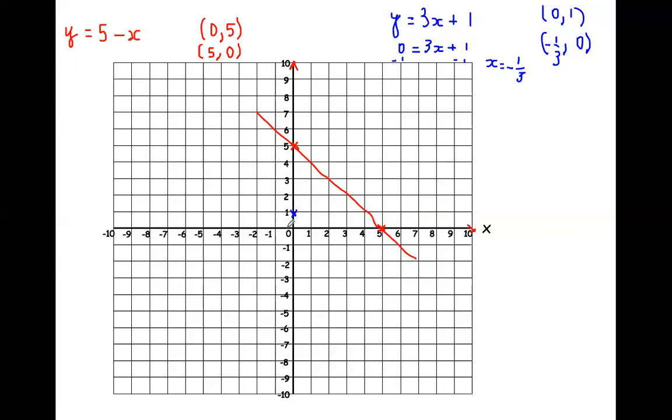So ideally, you can see how this is not going to be easy. So to solve this using a graph, it's probably better. So basically, this is where the point is going to be.